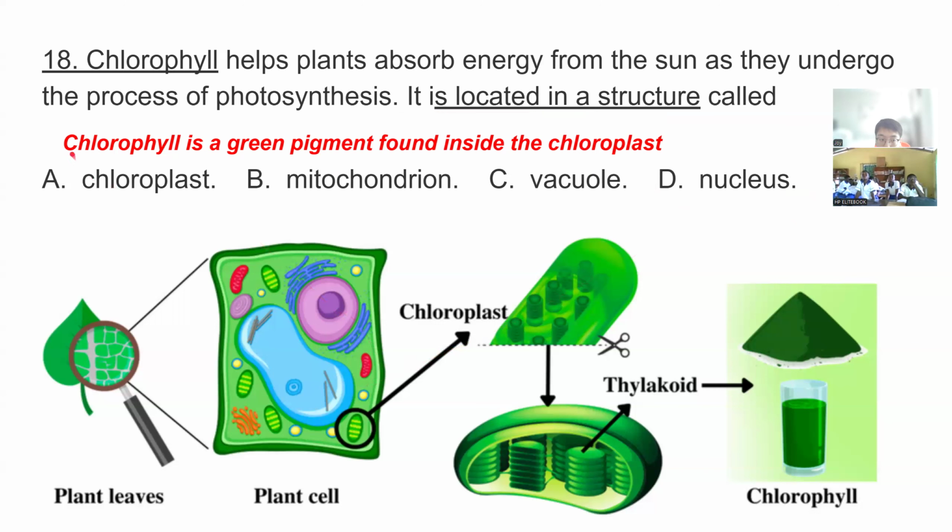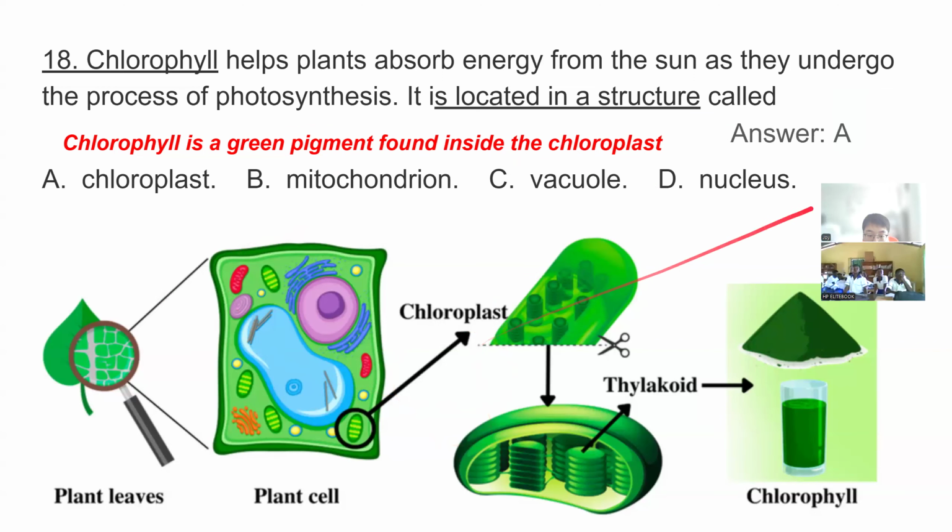It says here that chlorophyll is a green pigment that's found inside the chloroplast. So these are chloroplasts that are inside the plants. Inside these organelles, there are stacks called thylakoids, and on these thylakoids there are pigments called chlorophylls, which give the green color.